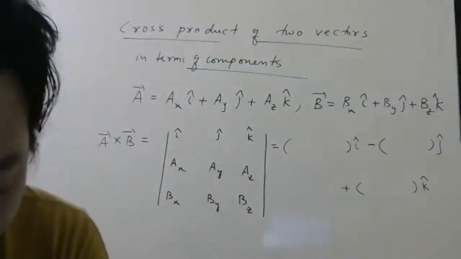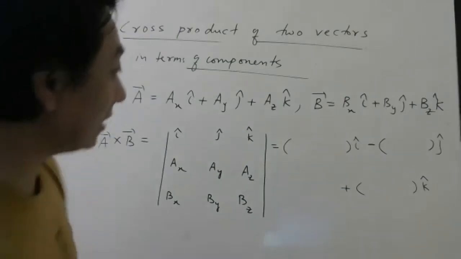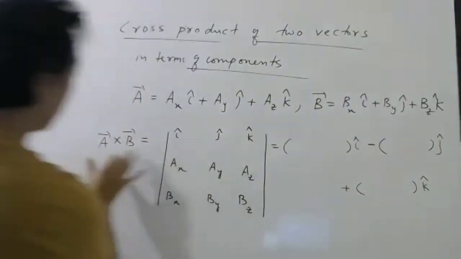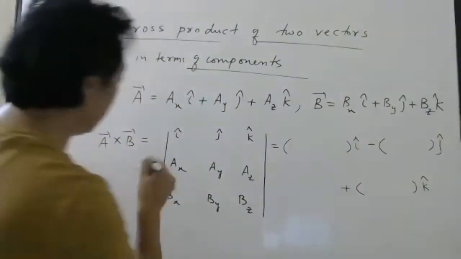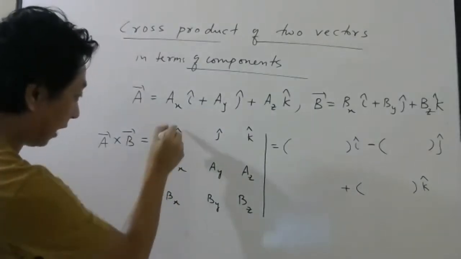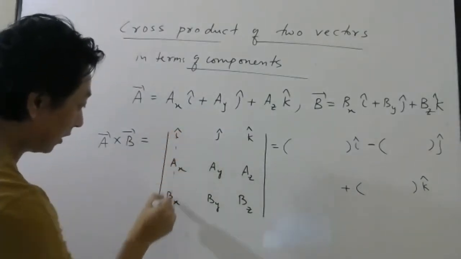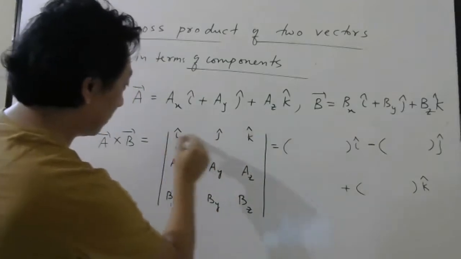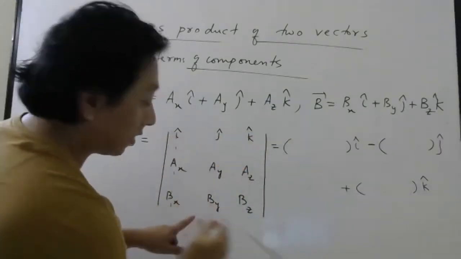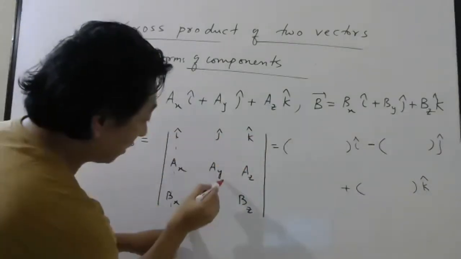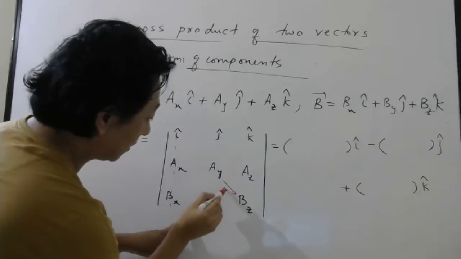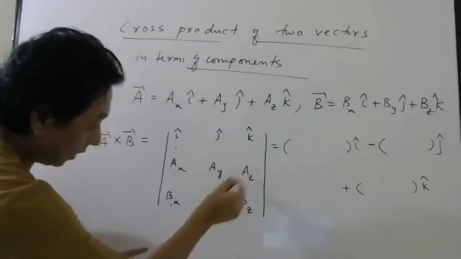Now, listen carefully. To find this component of the cross product, the I component, what do you do? This I component, this one you forget, this one you forget. Now you see this one. So first you multiply these 2, and then you multiply these two.